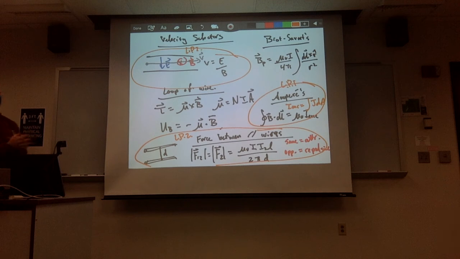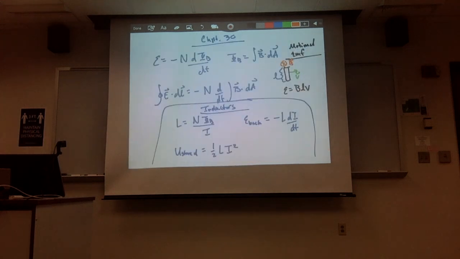A little ambiguous, but odds are it's going to be more of the force on a charged particle, not the force on a wire. So that gives us 2, and then the last long problem.